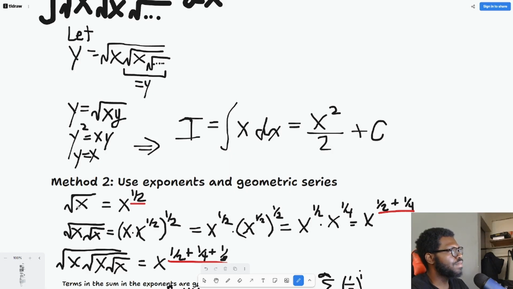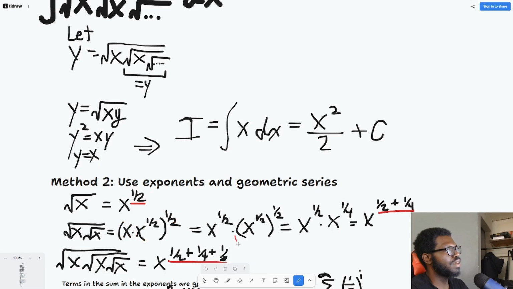We know that the square root of x is x to the 1/2 power. So if we look at the square root of x times the square root of x, that's the same as x times x to the 1/2 power, to the 1/2 power. Using the properties of exponents, this is x to the 1/2 power times x to the 1/2 power to the 1/2 power. You take both of these factors to the 1/2 power because that's the exponent on the outside.